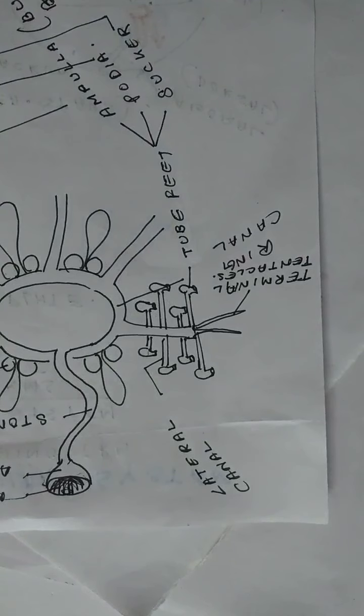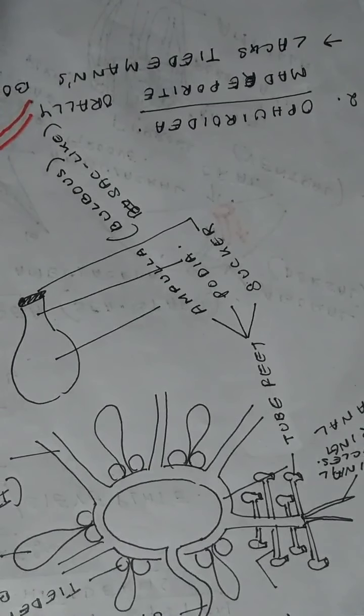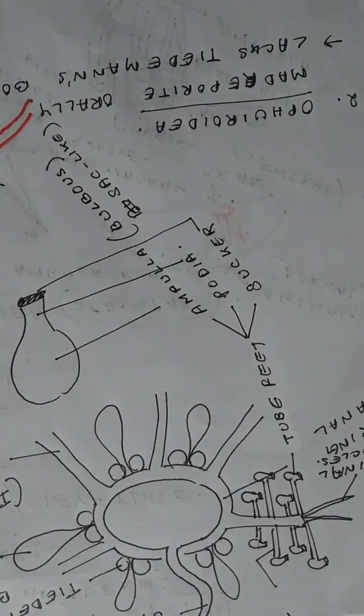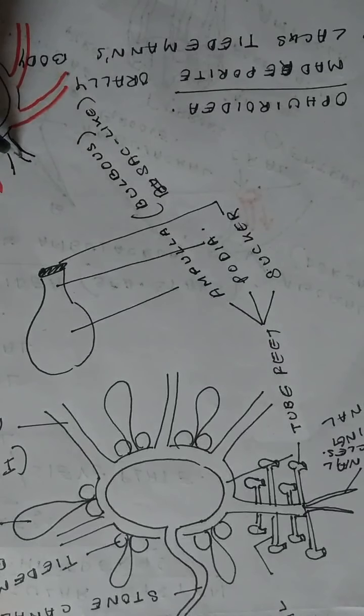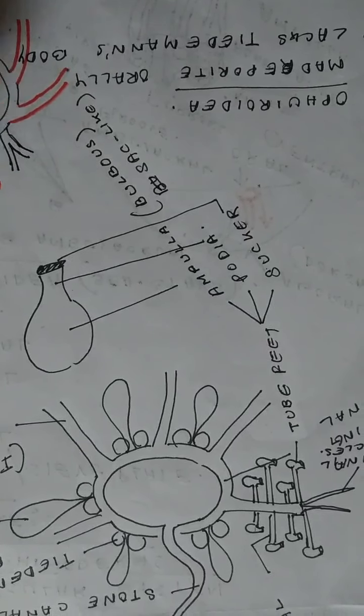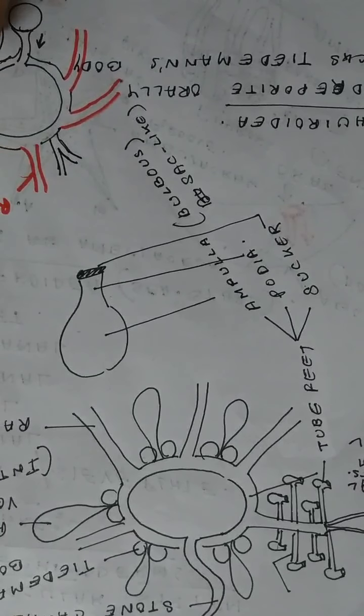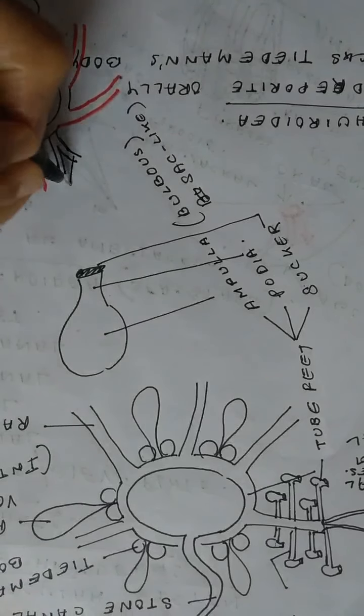The radial canal also penetrates each arm through the V-shaped podial canal or lateral canal that I'll draw. This is the extension of this ring canal which forms the V-shaped podial canal.